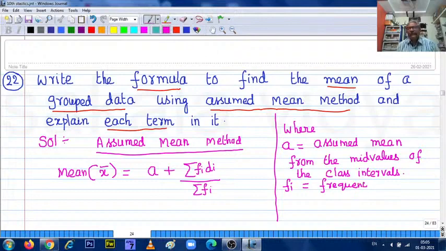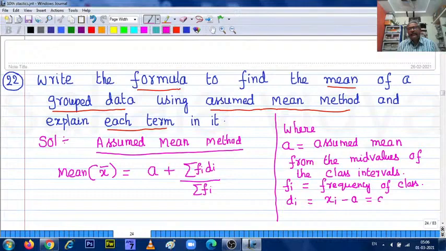Next, di is called the deviation, so di equals xi minus a.